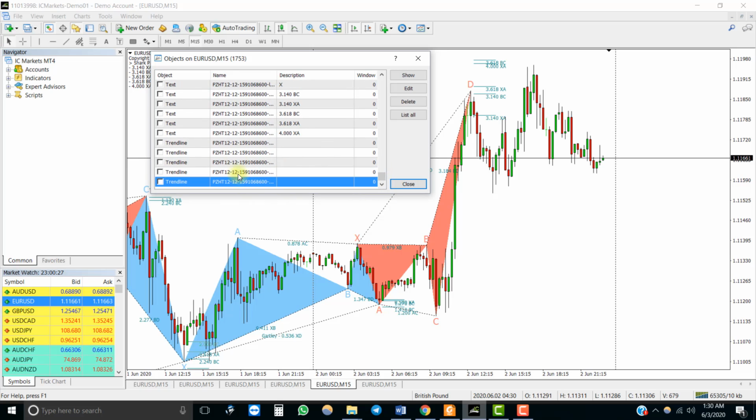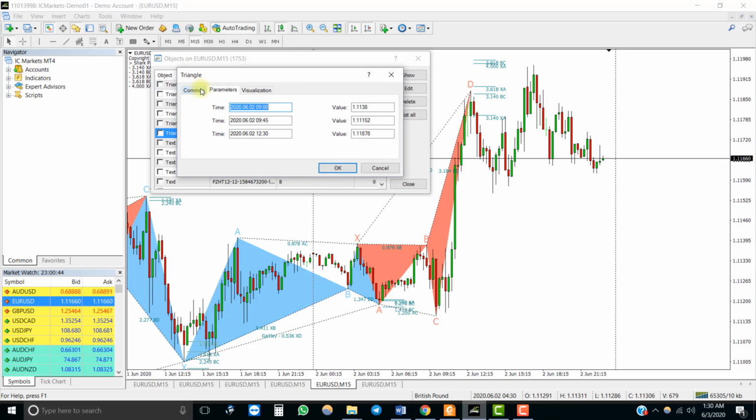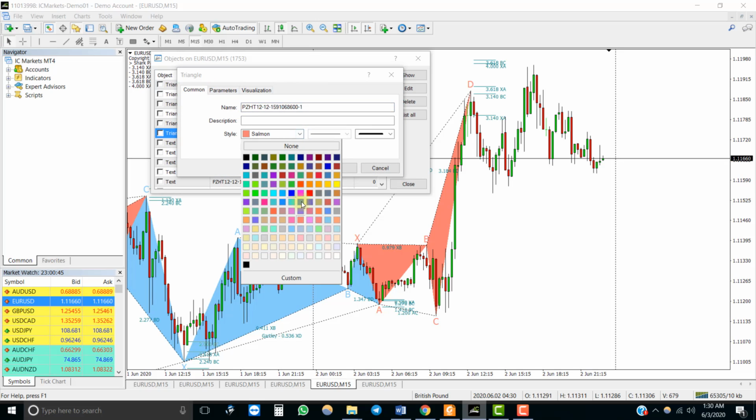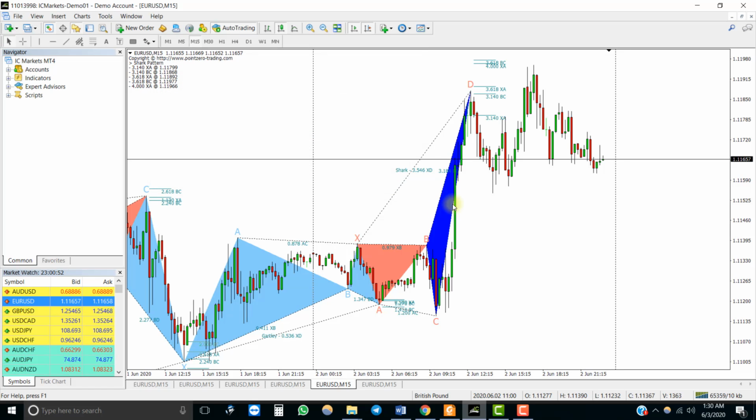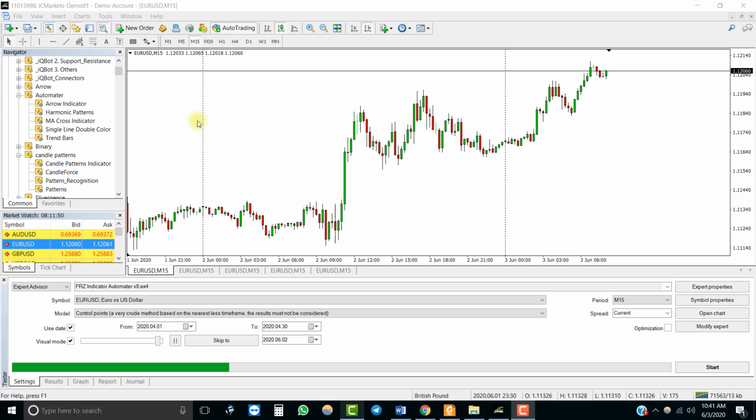If you go to the last object and open its properties, you will notice that you can change its color. This confirms that the signals given by this indicator are based on objects rather than buffers. And the good thing is that we can automate these object signals as well with our automator.